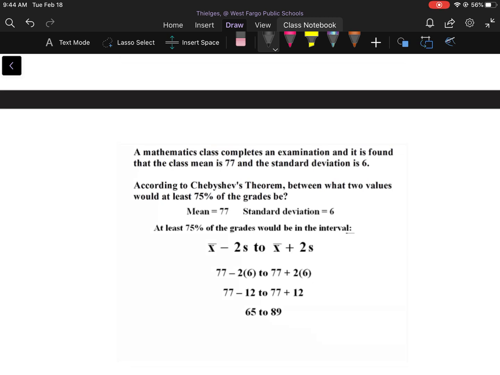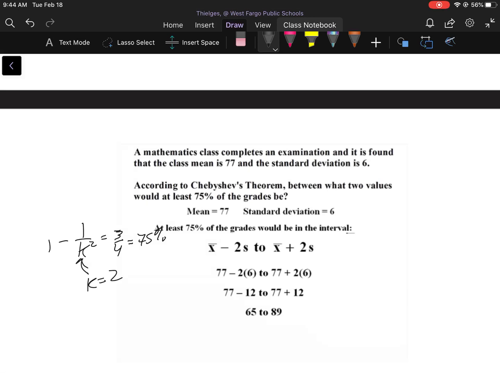So let's say a mathematics class has an examination mean of 77 and a standard deviation of 6. According to Chebyshev's theorem, at least 75% of the grades fall between two values. So since it's 75%, I'm looking for that number, and it's only going to be 2, 3, or 4.